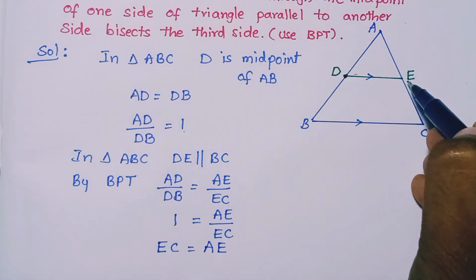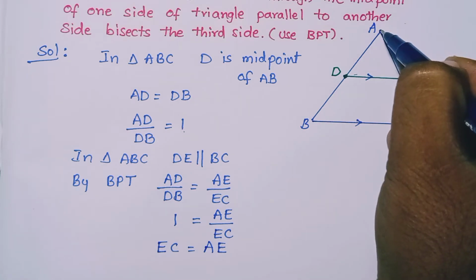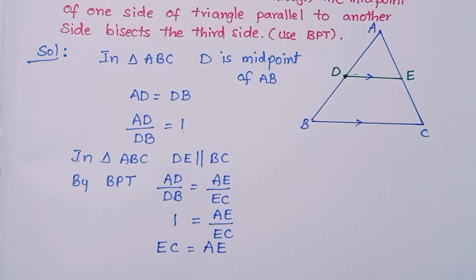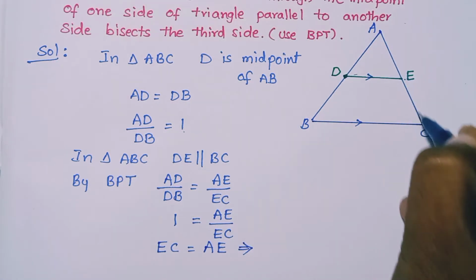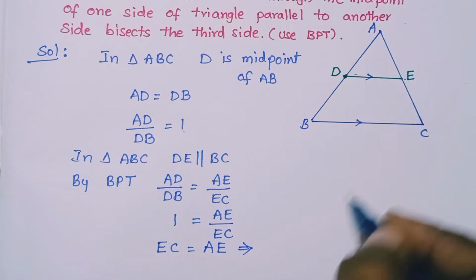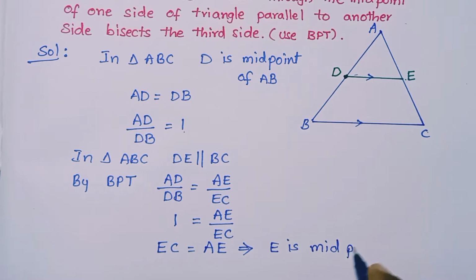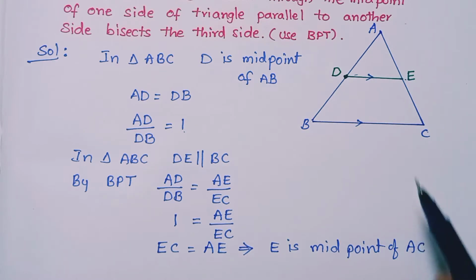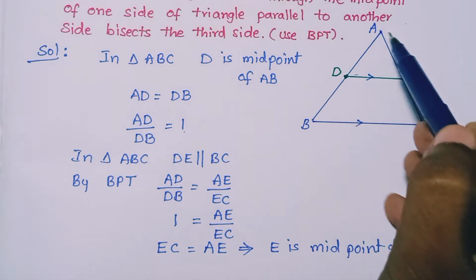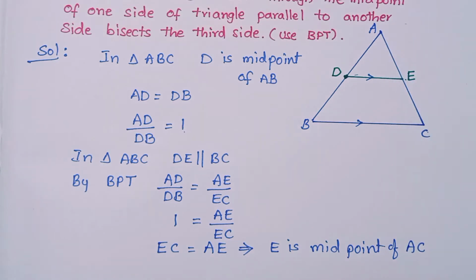Now in the diagram, EC is equal to AE. So we can conclude that since EC is equal to AE, E is the midpoint of AC. That means this DE line bisects the third side AC.